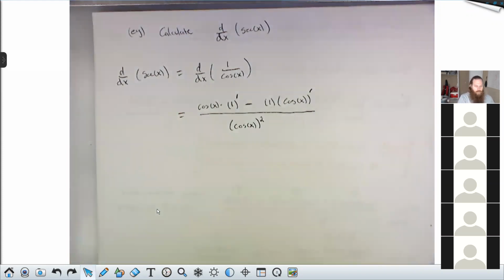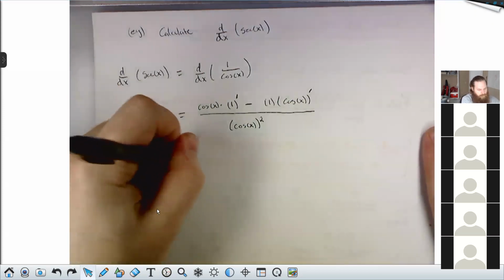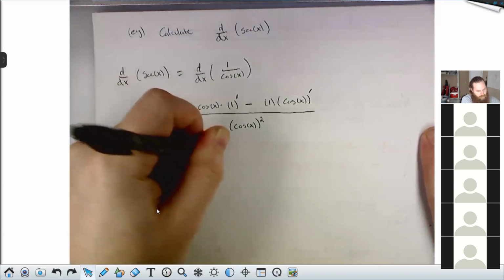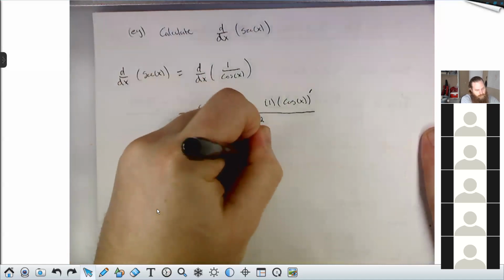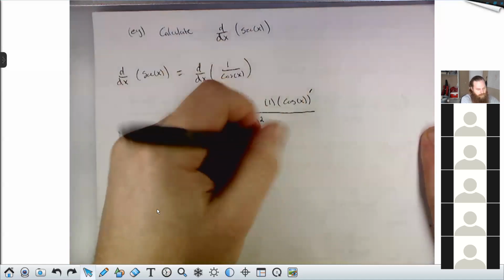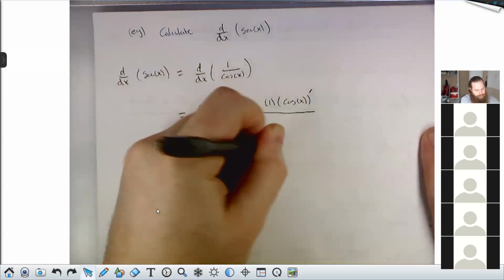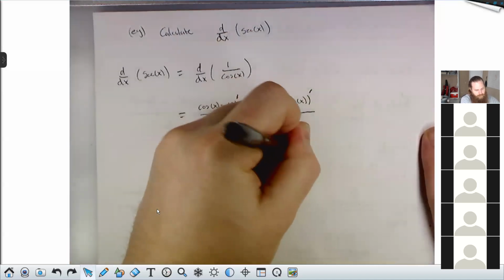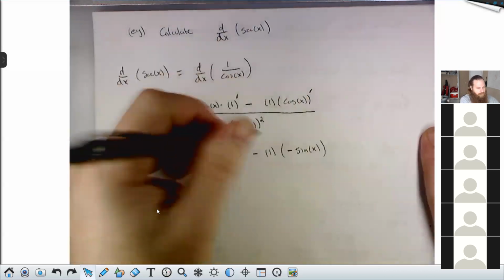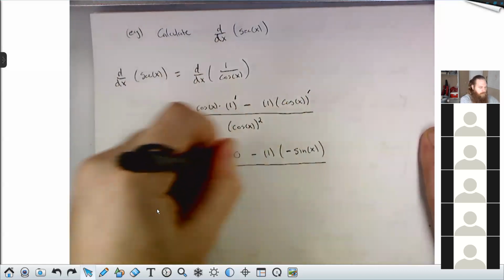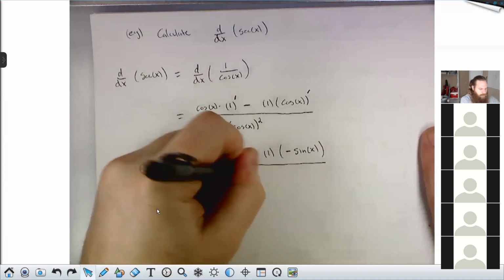The derivative of 1 is 0. So this is the same as cosine of x times 0 minus 1 times the derivative of cos x, which is negative sine of x, all divided by cos squared.